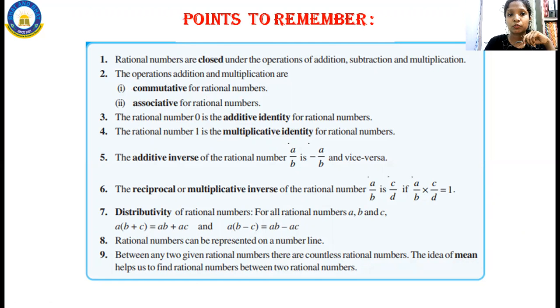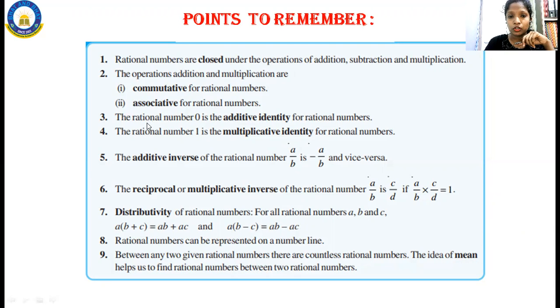And you will also learn in this chapter about the associative property of rational numbers. So the commutative property under the four different operations, addition, subtraction, multiplication and division, as well as the associative property under the same four operations.